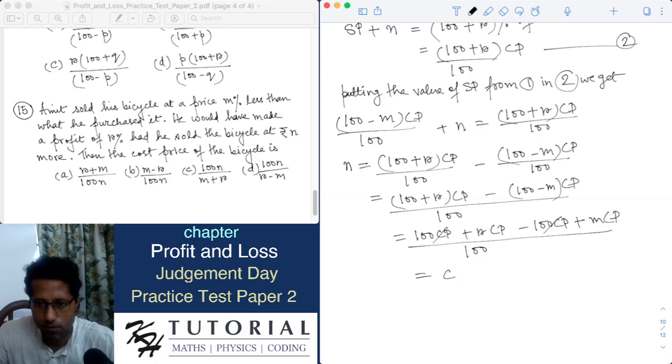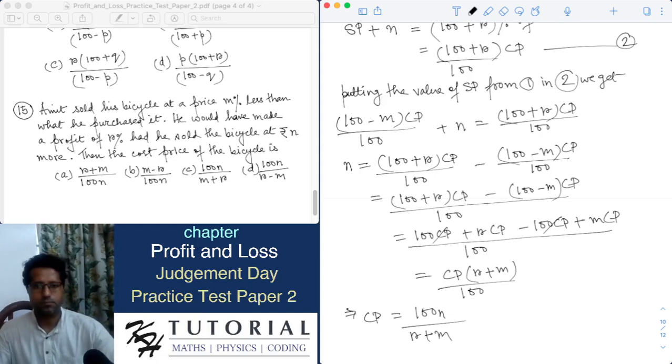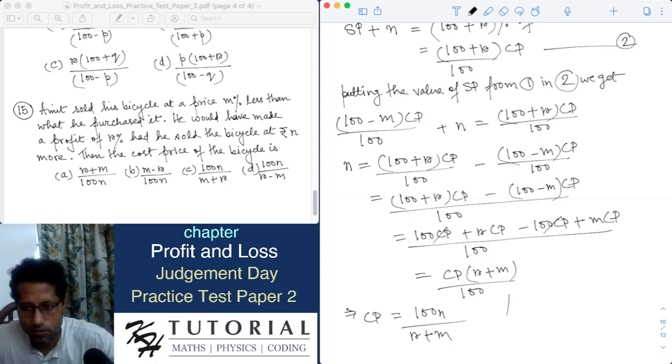If we take CP common, we have CP into (R plus M) divided by 100. So from here we can say that CP equals 100 N divided by (R plus M). So the correct choice is choice C.